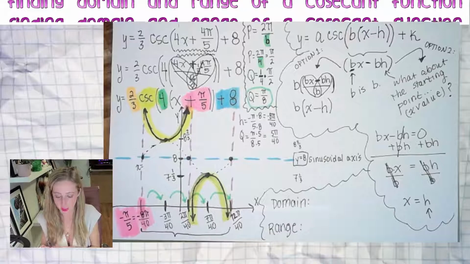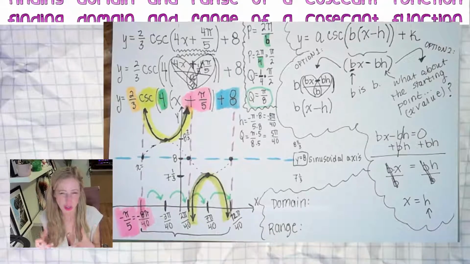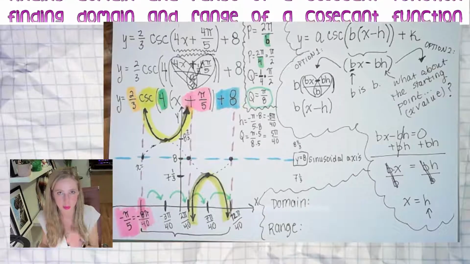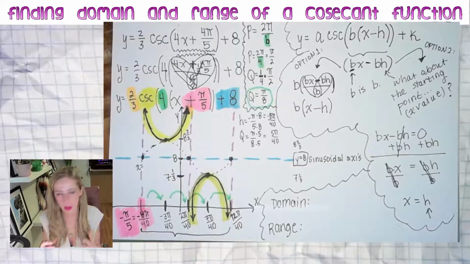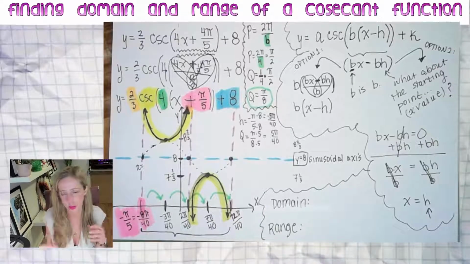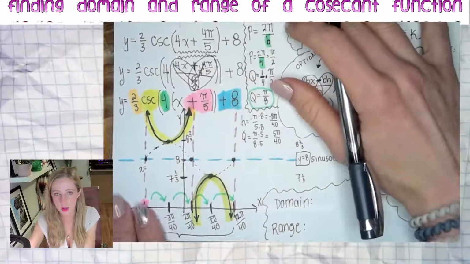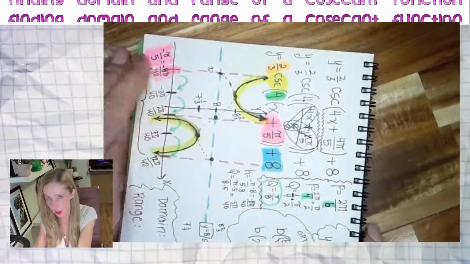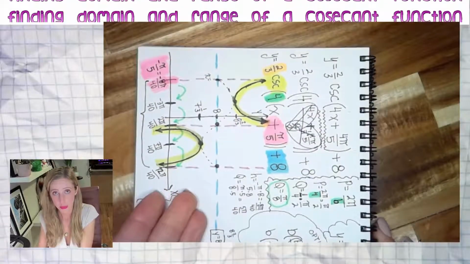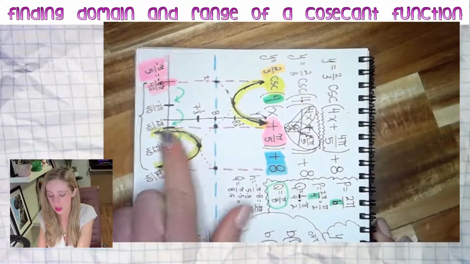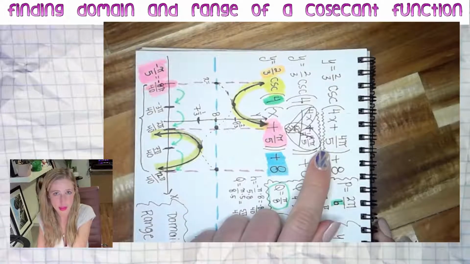I know last year in Algebra 2, people got really good at domain, going from left to right, left to right, left to right. That range messed people up. People want to follow a curve and go whatever way. So what I would tell people to do is rotate your paper 90 degrees clockwise and find your range the way you would find domain, going from left to right, if that's better for you.